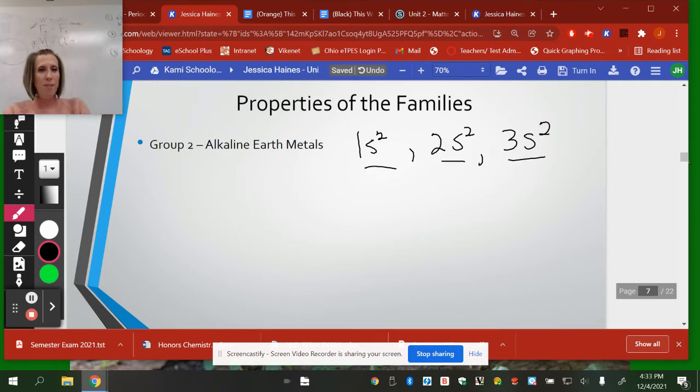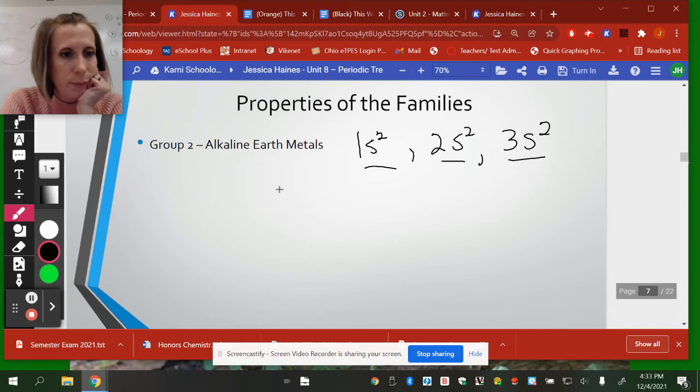So what we have now is an s orbital that is full, which is nice, but the octet rule still applies. Things still want 8 electrons, and we are not even close to 8. We only have 2. So they're still going to want to give away those 2 electrons or combine with something else in order to form stability. So these are reactive, but they're not quite as reactive as the alkali metals.